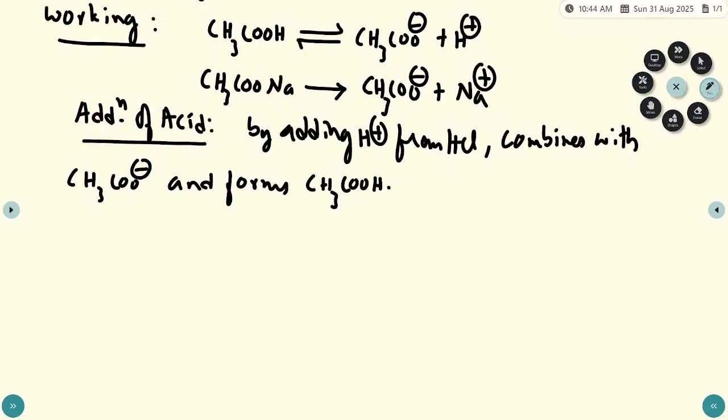Change in pH? No. So there is no change in the pH by addition of acids. Okay, and then next, addition of base.